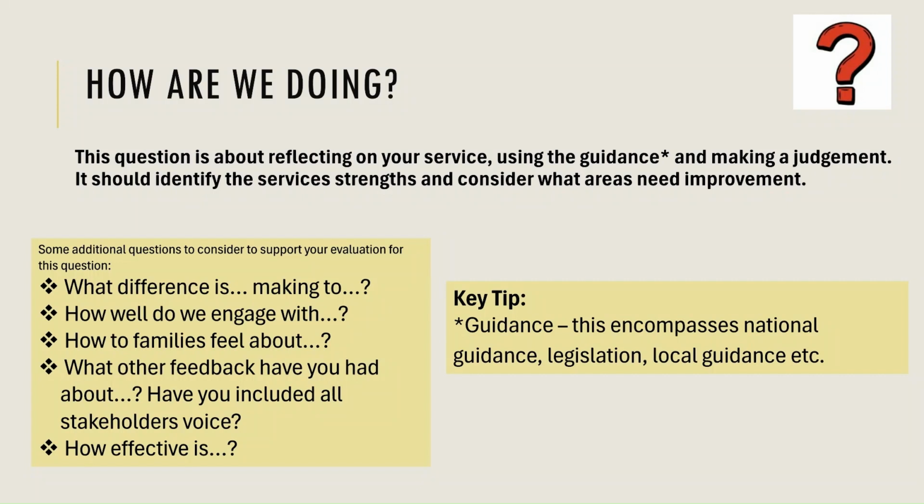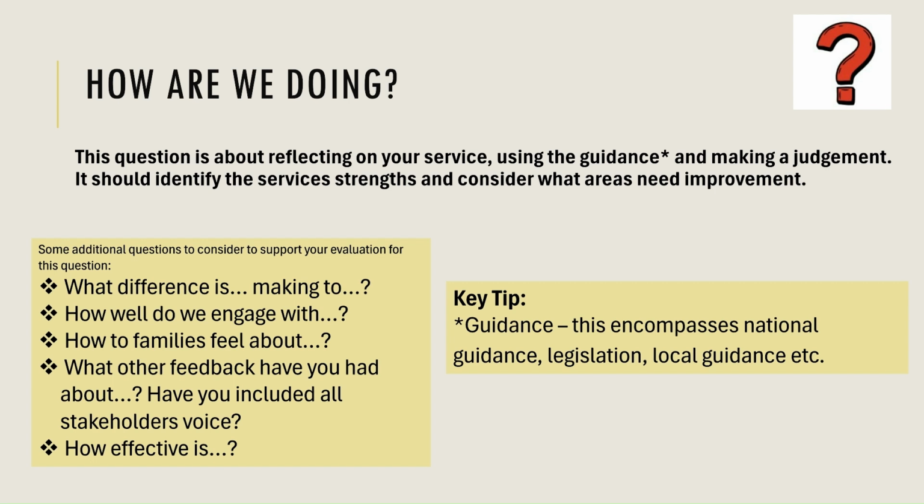How are we doing is one of the first questions we should ask ourselves when we're doing self-evaluation. This is the opportunity to reflect on the service we're currently giving, to understand the why or the rationale behind the improvement we're making. This could be a niggle from the staff team about an aspect of the environment, feedback from a family, or a Care Inspectorate report, but how are we doing just now?